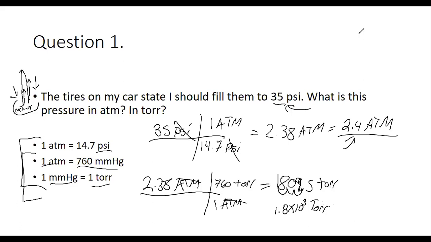Any questions? So I got 1.8 times 10 to the 3. You do round. I rounded my 1,809 to 1.8. You just don't round when you begin to do the math.